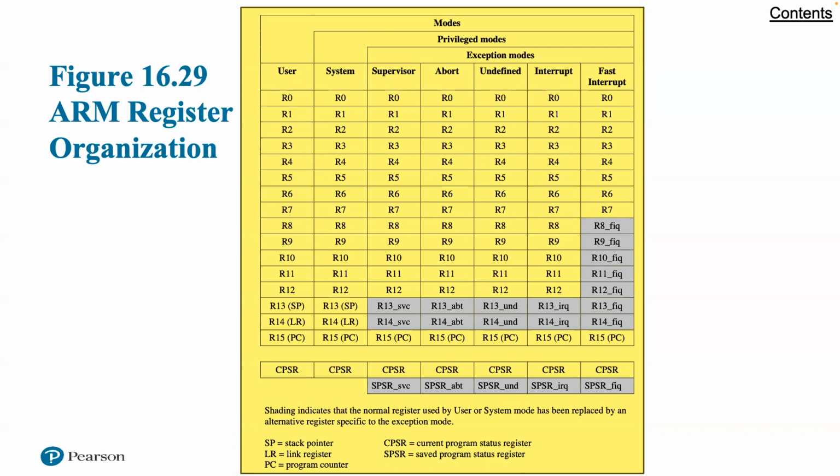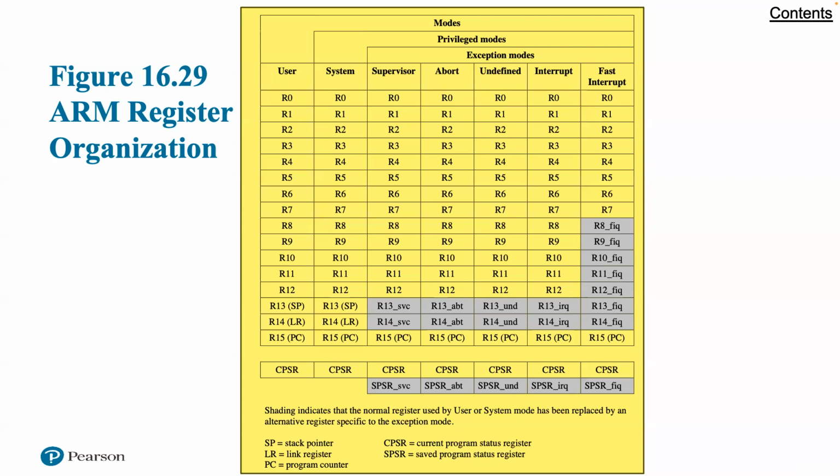There are 6 program status registers. Registers are arranged in partially overlapping banks, with the current processor mode determining which bank is available. At any time, 16 numbered registers and 1 or 2 program status registers are visible, for a total of 17 or 18 software visible registers. Figure 16.29 is interpreted as follows.